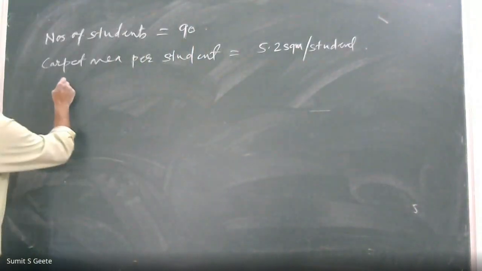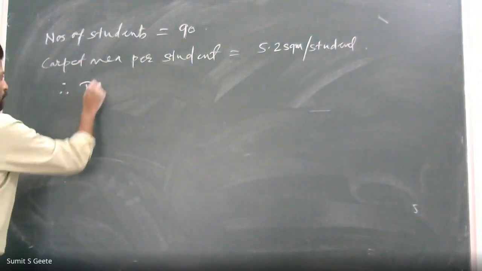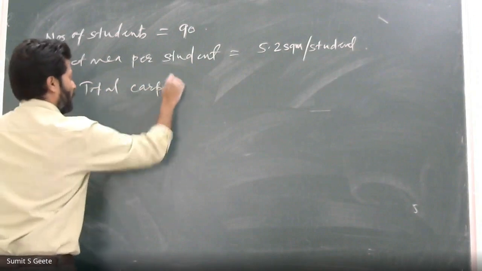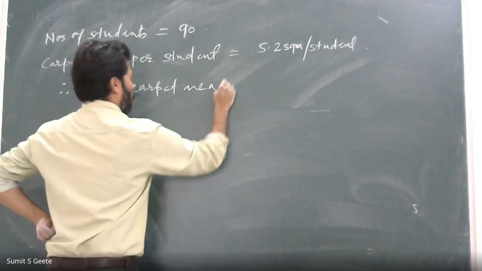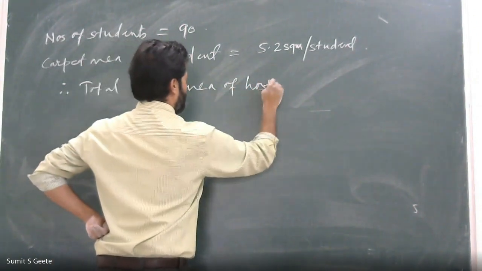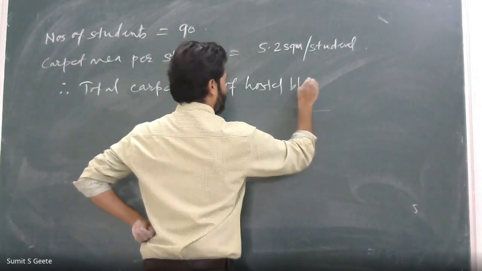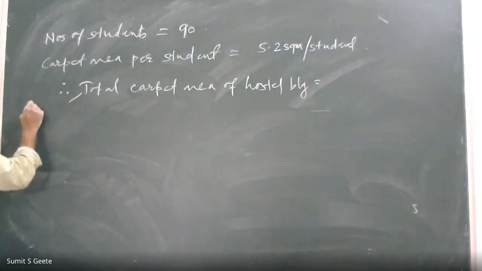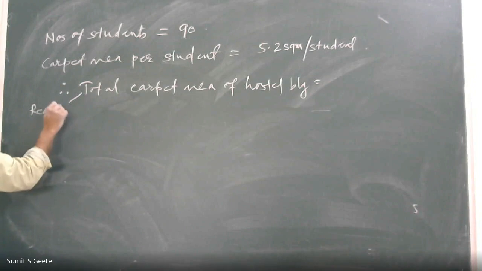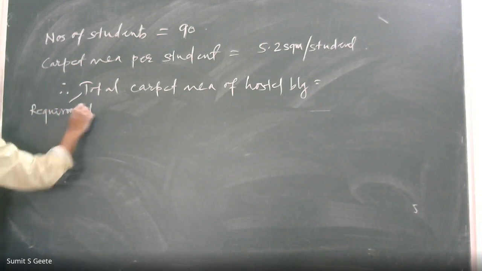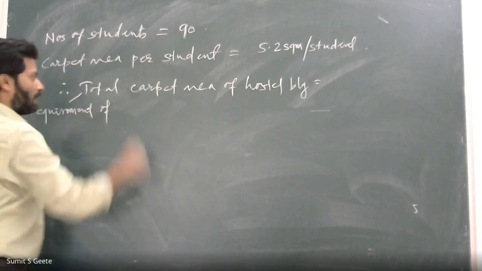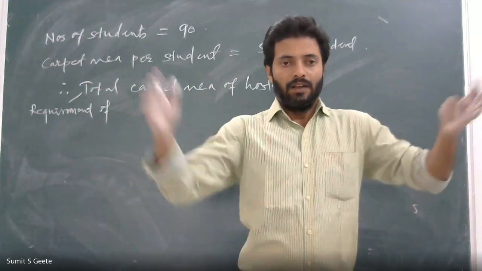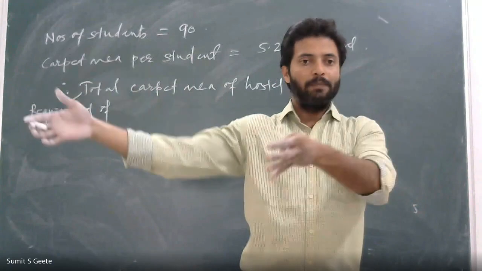So therefore, total carpet area, requirement of total carpet area of hostel building. कितना एरिया लगेगा? 90 बच्चे हैं, एक बच्चे को 5.2 एरिया चाहिए.